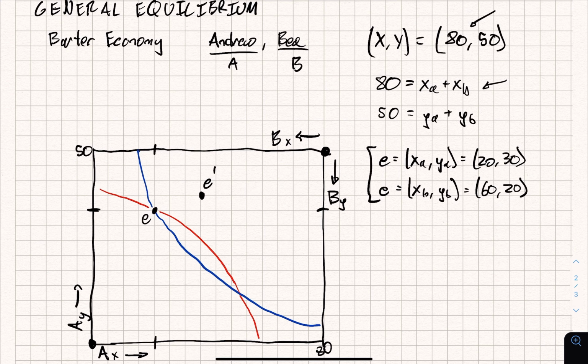For Andrew, a new indifference curve runs through it. Because Andrew's moving further from his origin, Andrew is improving. So this is good for Andrew. But for Bea, this is not. So we can draw the indifference curve running through this point.